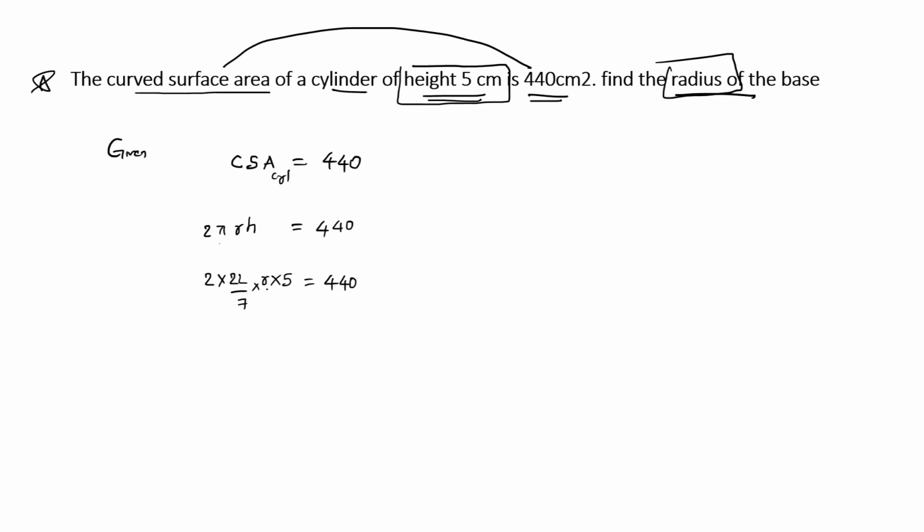Now if you want to find this r, r మాత్రమే లెఫ్ట్ హ్యాండ్ సైడ్ ఉండాలి, రిమైనింగ్ అన్ని టర్మ్స్ అవతల పోవాలి. సో r is equal to 440 into 7 by, ఎందుకు ఇక్కడ 7 డివైడ్ అవుతుంది, అవతల పోతే మల్టిప్లై అవుతుంది. రిమైనింగ్ 2, 22, 5 మల్టిప్లై, అవతల వస్తే డివైడ్ అవుతుంది. సో 2 into 22 into 5. 22 1s are 22, 2s are 44, ఒక 0 కాబట్టి 0, 2 1s are 2, 10s are 5, 1s are 5, 2s are, r is equal to 14 centimeters. That's it.